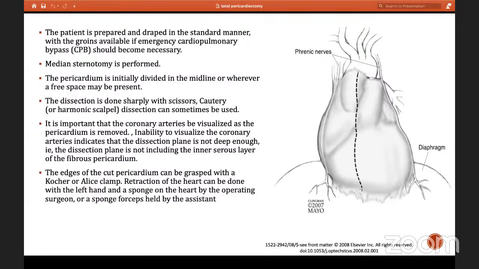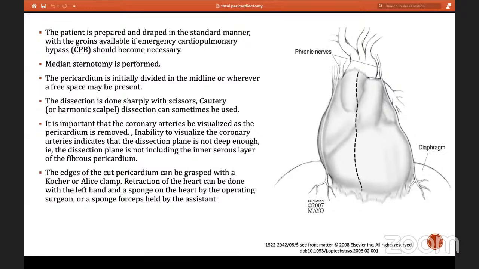Blunt dissection can sometimes be used. It is important that the coronary arteries be visualized as the pericardium is removed. When we are unable to visualize the coronary artery, that indicates that the dissection plane is not deep enough, and so we have to carry the dissection deeper, but we have to be careful not to injure any chamber of the heart.